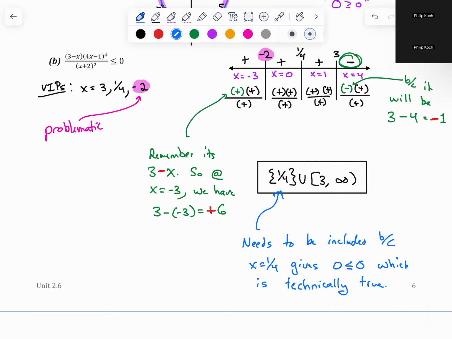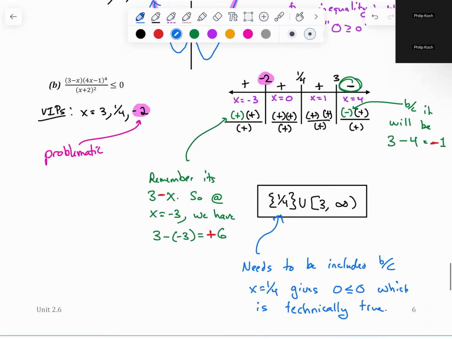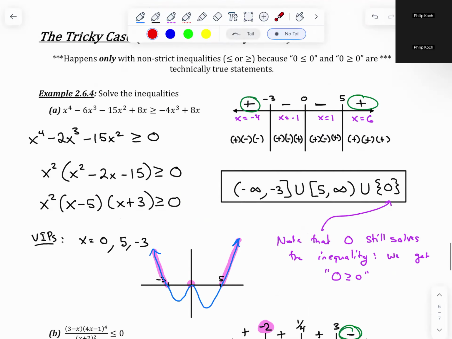So with this one, I'm going to include 1/4 because it's a VIP. With this one, I already include -3 and 5 by my brackets, but I also need to include 0 because it's a non-strict inequality.